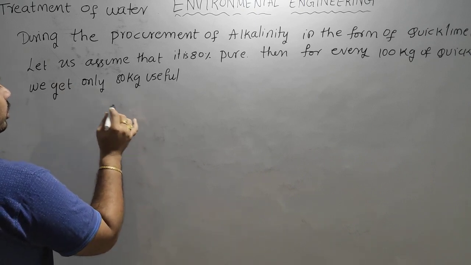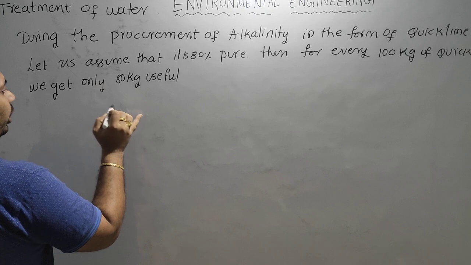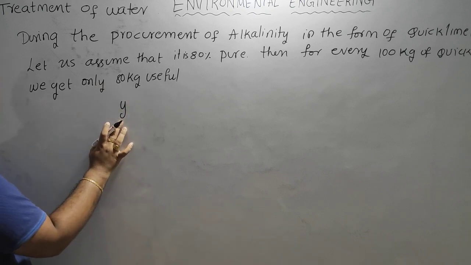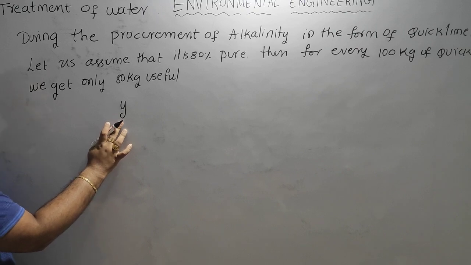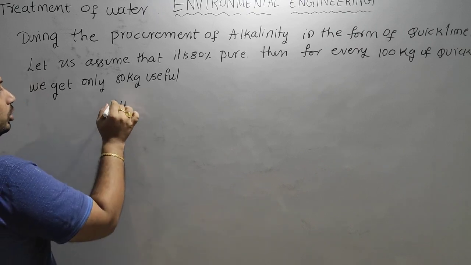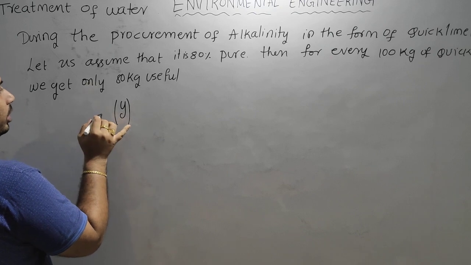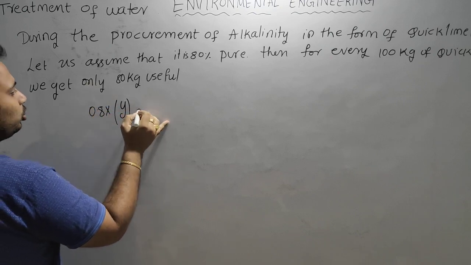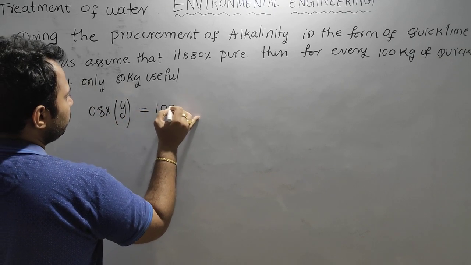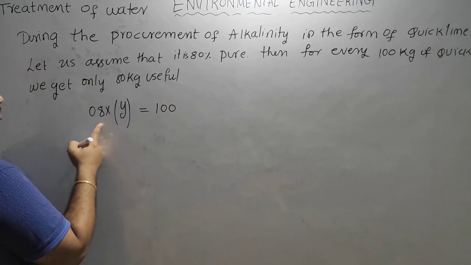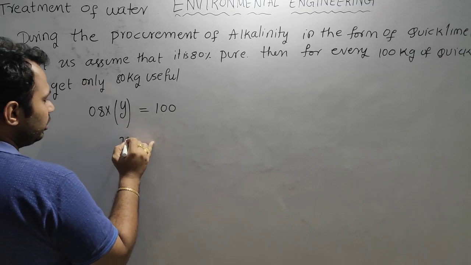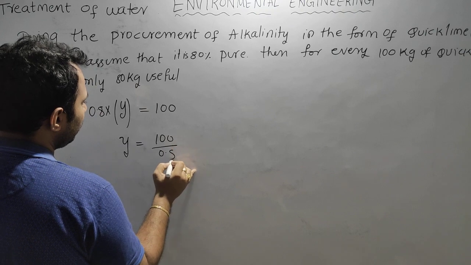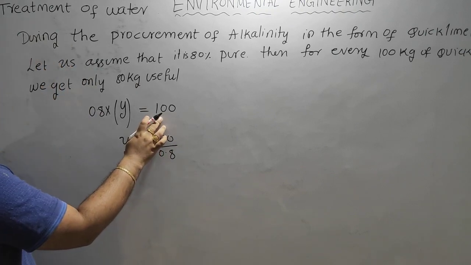Let that extra quantity be y. In the quantity you are adding, only 80% is pure. So 0.8 times this quantity should be equal to 100. That means y is equal to 100 by 0.8.